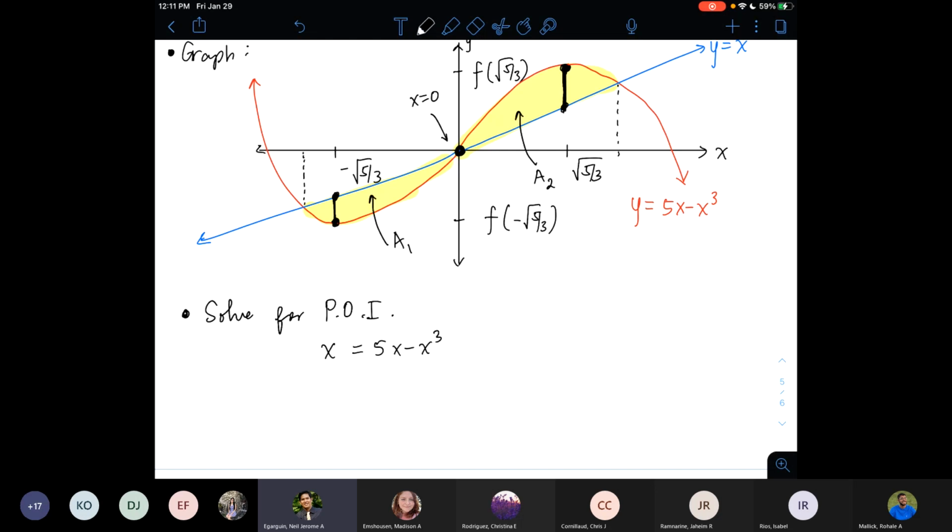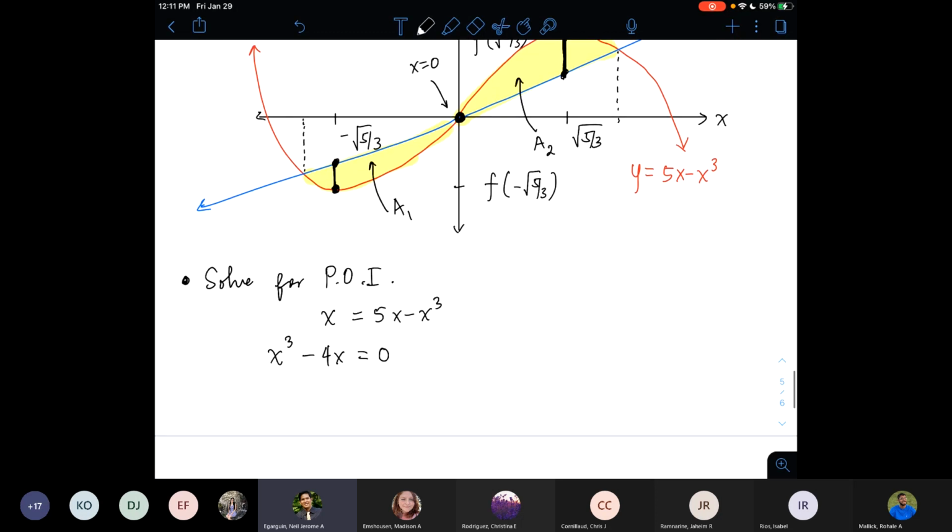So here I'll collect all terms to the left-hand side. So I'll have x cubed minus 4x equals 0, right? And then I factor x out of the left side. So I'll have x times (x squared minus 4) equals 0. That tells us that x is either 0 or x squared minus 4 is equal to 0. And then I solve for this one. I'll see that x is equal to plus or minus 2.